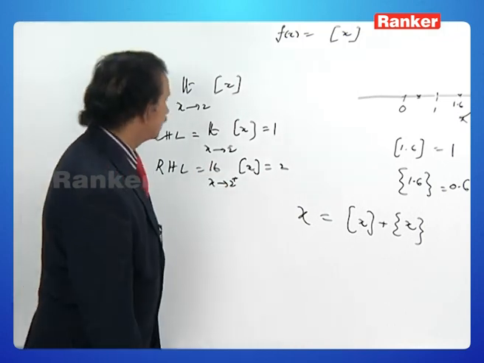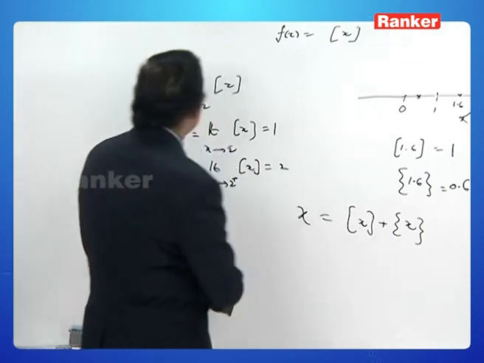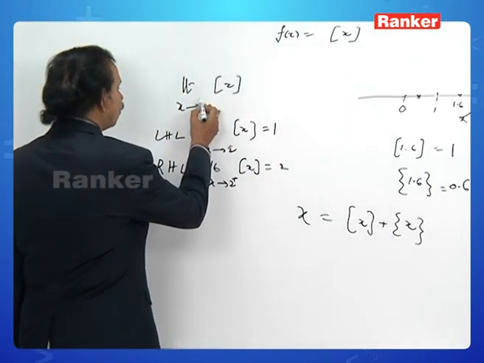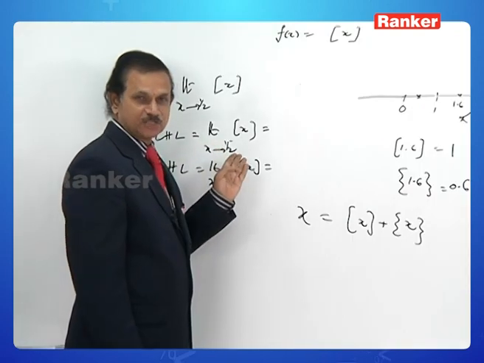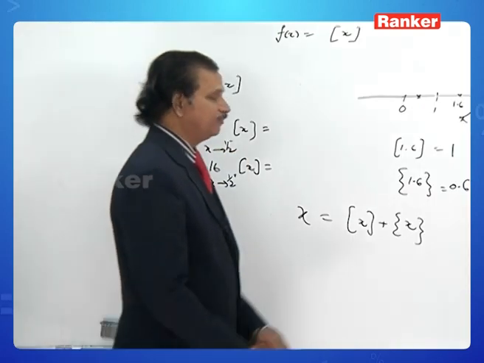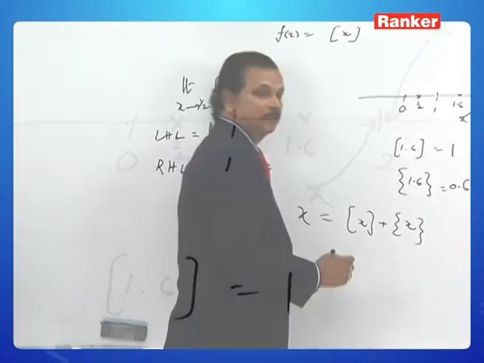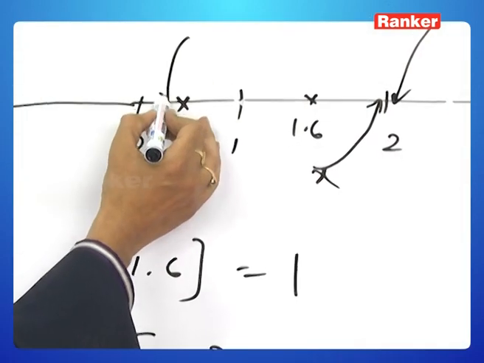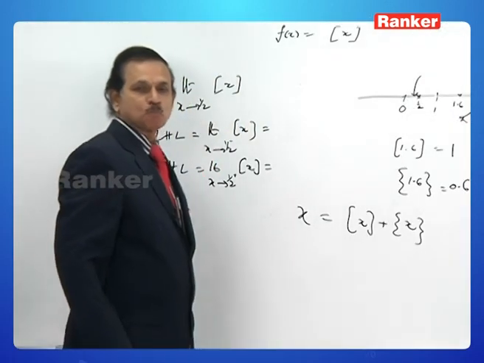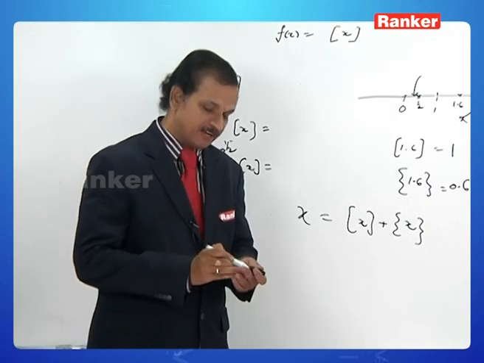Okay. If I change this 2 to 1 by 2, what happens? Half is a fraction. It lies between 0 and 1. This is half. To the left of half means somewhere else here. Half is 0.5.